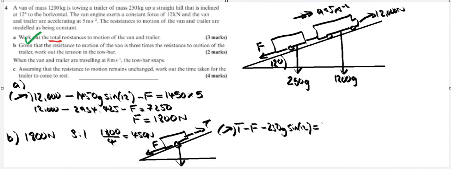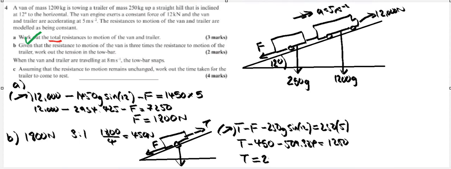Okay, and that's equal to its mass 250 times acceleration, which is 5. So that's T minus 450, that's now 1/4 of the total frictional force, minus 509.384, and that's equal to 1,250. So I find that tension is equal to 2,210 newtons. So that's now B taken care of.